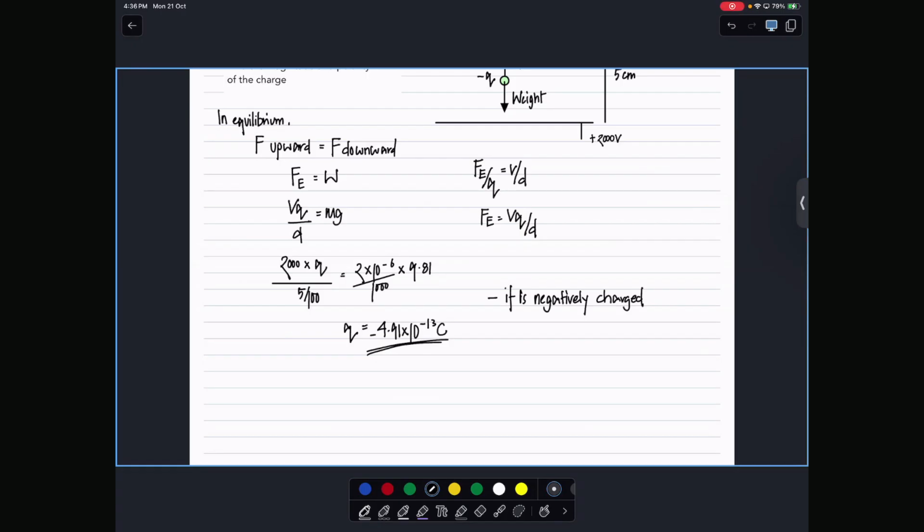It is negatively charged since the Fe must act upwards, and the top plate is more positive.